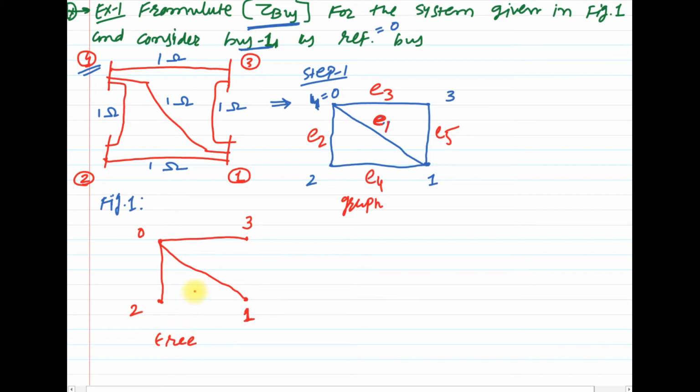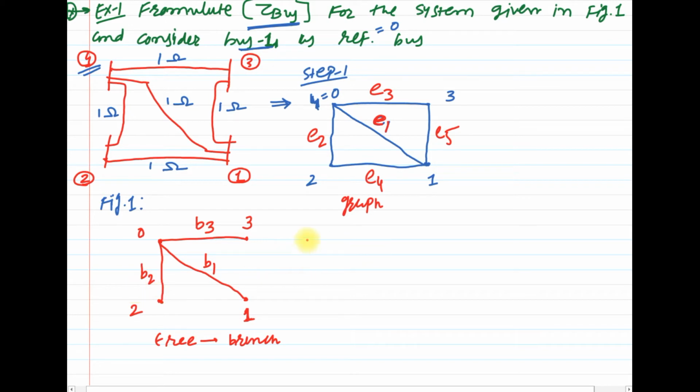Now yes, we all know the elements of trees are known as branch. So using this name, we will give the number to the elements of trees. So we will start from 0 to 1, which is B1, that means branch number 1. Second, 0 to 2, which is B2, branch number 2, and 0 to 3, B3, which is our branch number 3.